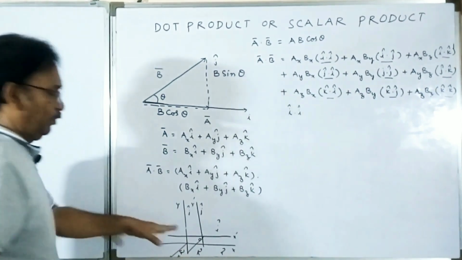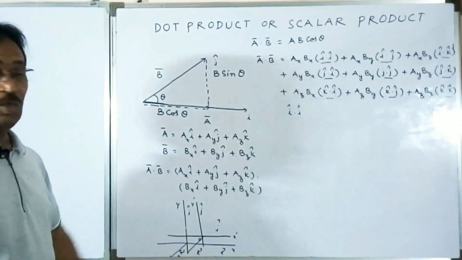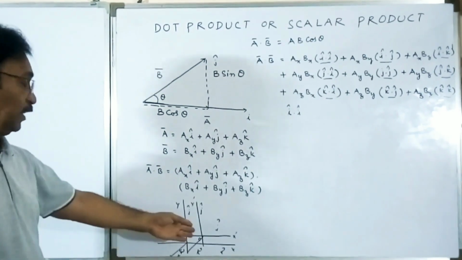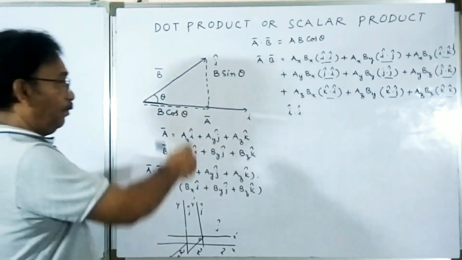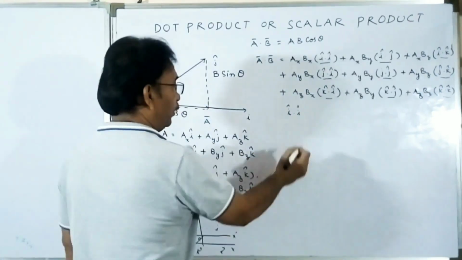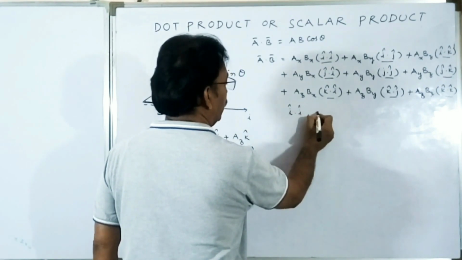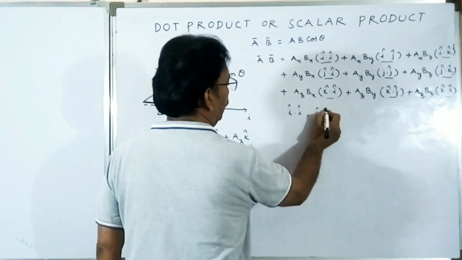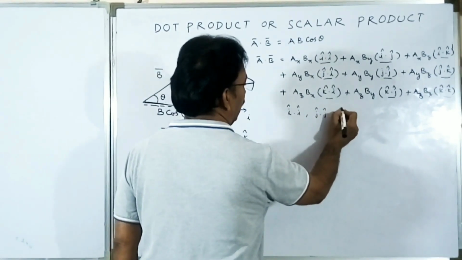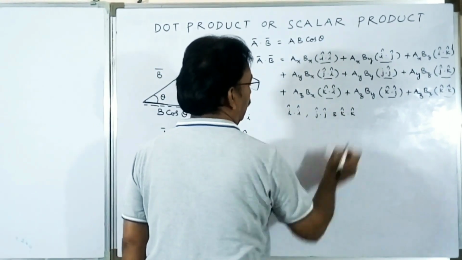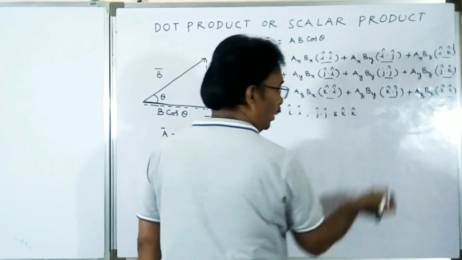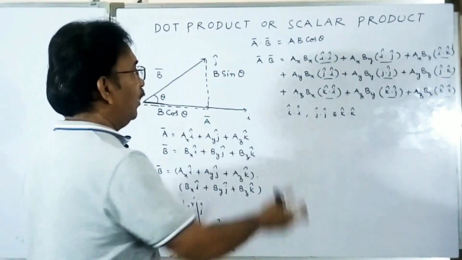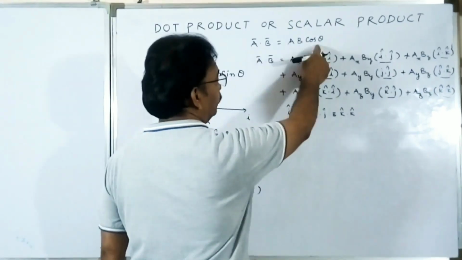If you watch them closely, you will understand that i cap with i cap, j cap with j cap and k cap with k cap are mutually parallel, and we are going with vector multiplication.